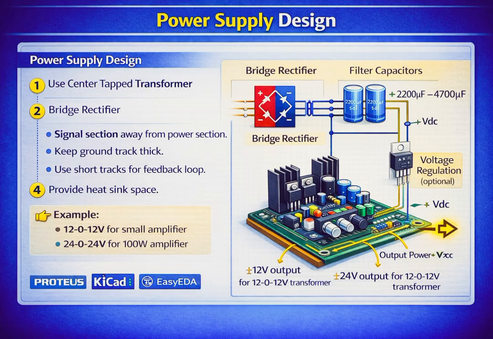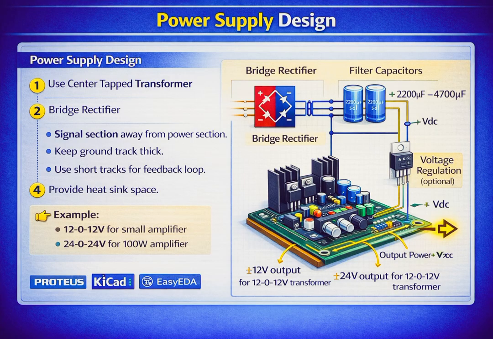Power supply design. An amplifier driver board requires a stable power supply. Usually, a center-tapped transformer is used. The transformer output is converted into DC using a bridge rectifier. After rectification, filter capacitors are used to smooth the DC voltage. Typical capacitor values range from 2200 microfarads to 4700 microfarads.